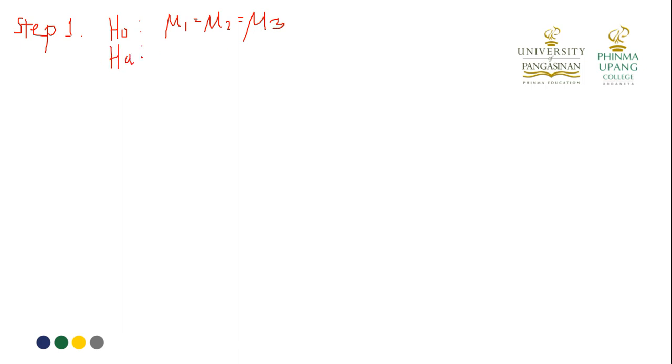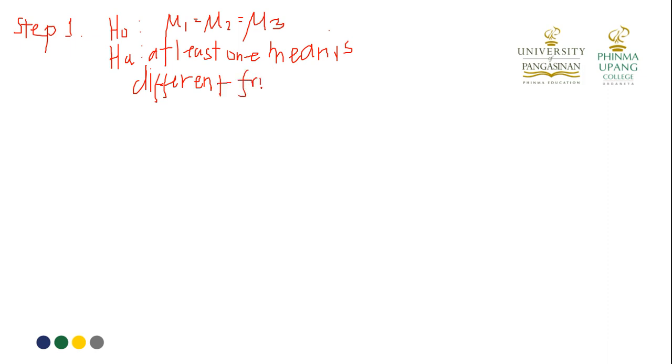So, HA natin is at least 1, yung isang mean daw is different from each other. Yan. At yung HA natin is palaging at least one mean is different from each other. So, let's move on to step number 2.